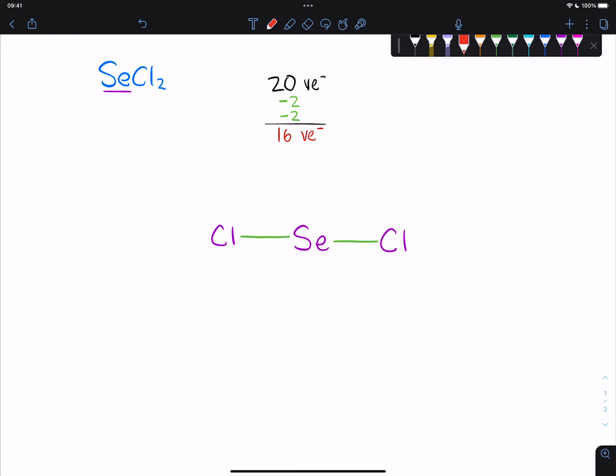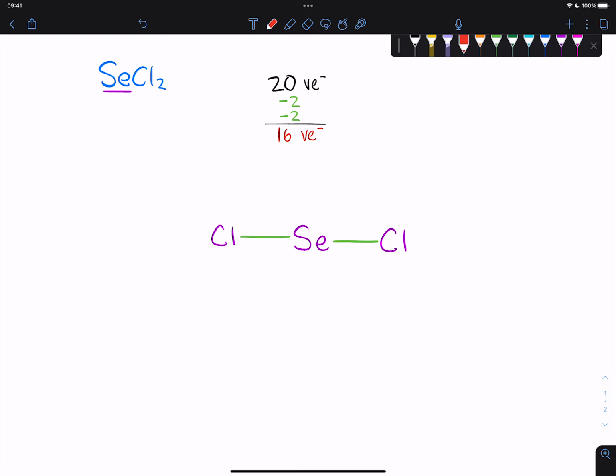What do you do with those 16 valence electrons? Well, you spread them out around the outside atoms. The outside atoms are the chlorines. The first thing you do with these remaining electrons, after you've bonded them all once and we have a leftover amount, is spread them out around the edges. So let's do that, and they do go in 2 by 2.